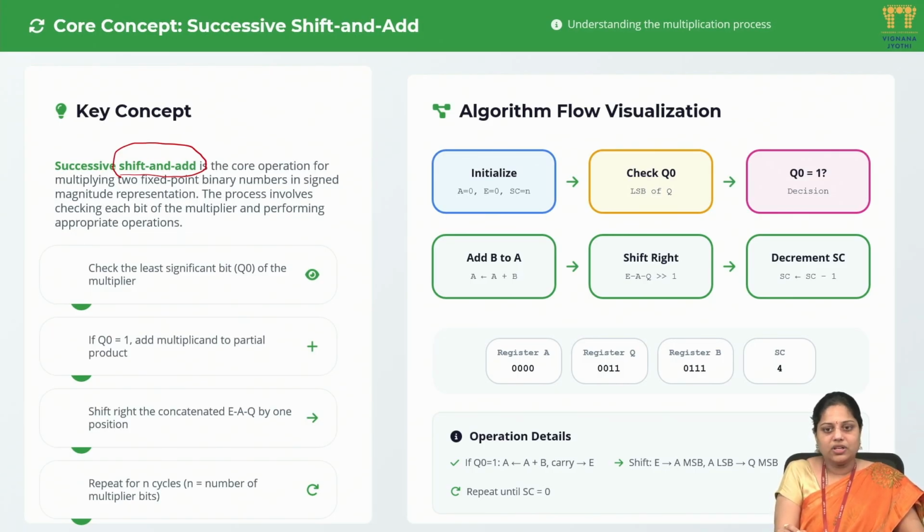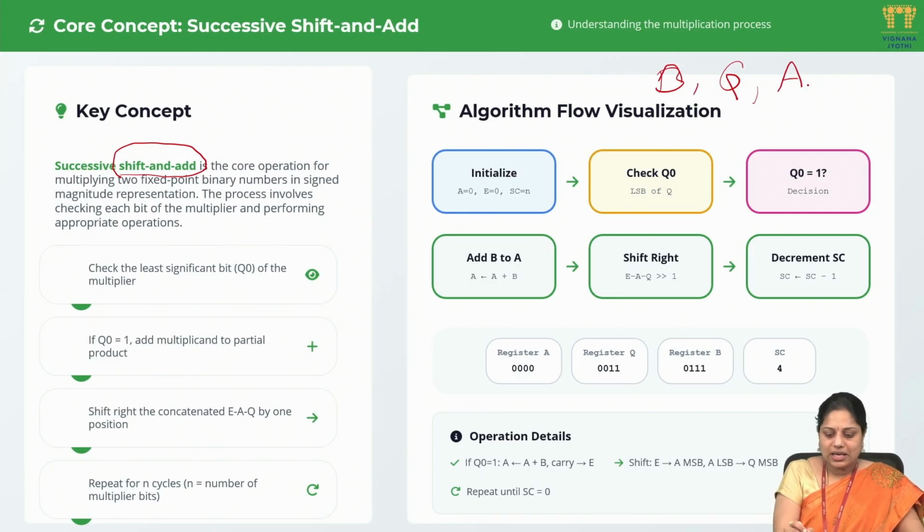As we have two values to perform the multiplication, the multiplicand and the multiplier, we need two registers, which we call register B and register Q. As the product requires more size, we require one more register to store the product, which we call A. So altogether we require 3 registers: B, Q and A.